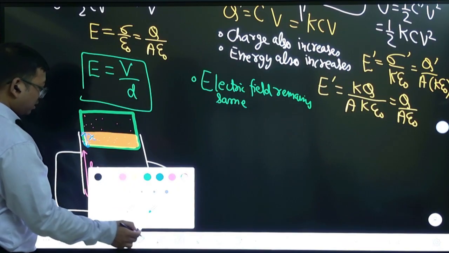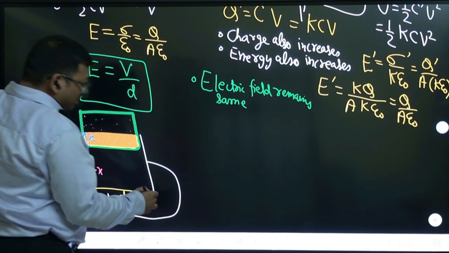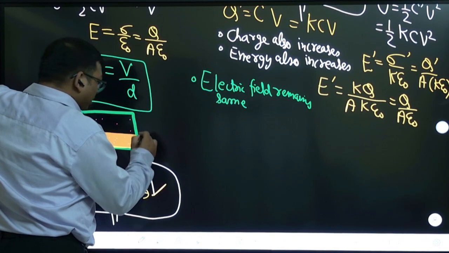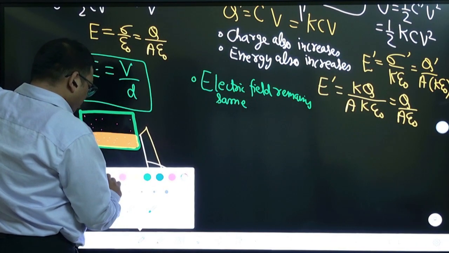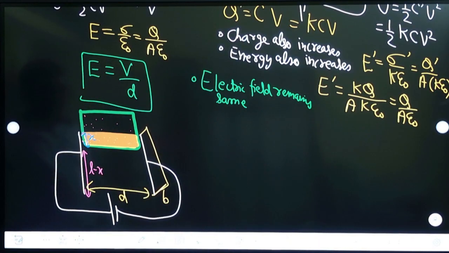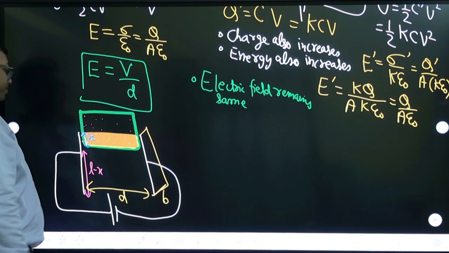You can consider that this is the distance between the plates, and the plate is like a rectangular plate, so you can assume that the plate has a width of b. Or if you want, you can take area, it doesn't matter.